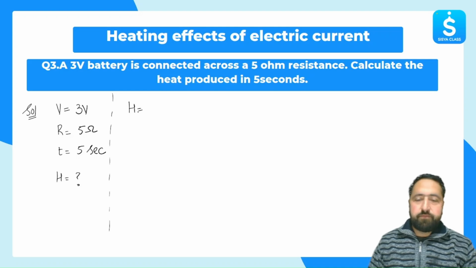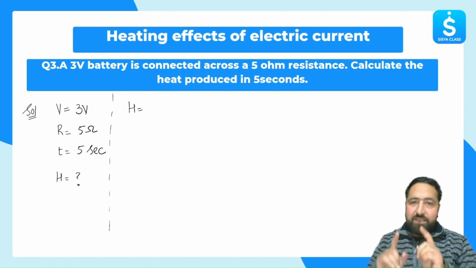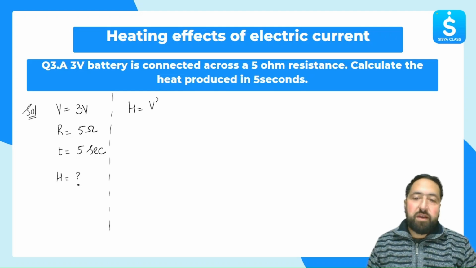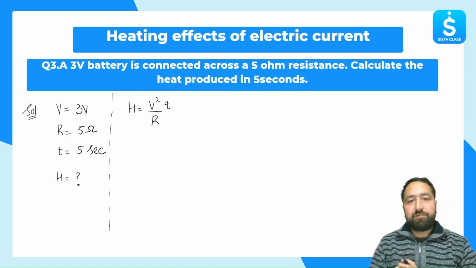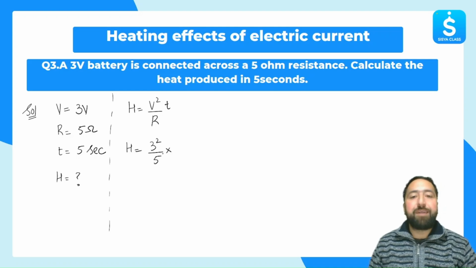Heat produced will be equal to I squared R T. Remember when I discussed that we got one more expression, which was V square divided by R multiplied by T. Very good. Let us see. H equals V, which is given as 3, so it will be 3 square divided by R, which is 5 ohms, multiplied by T, which is 5 seconds.